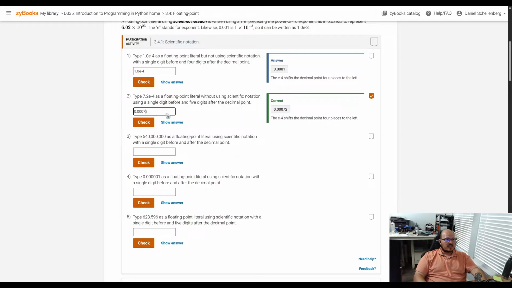Is it 4 from the 7? Oh, because it was 7.2, so the decimal started here and then went 1, 2, 3, 4. That makes a lot more sense.